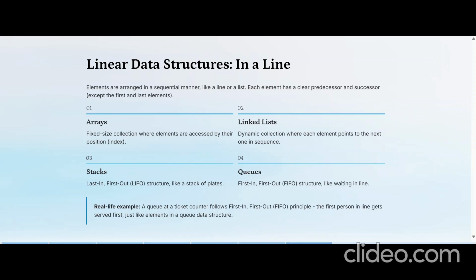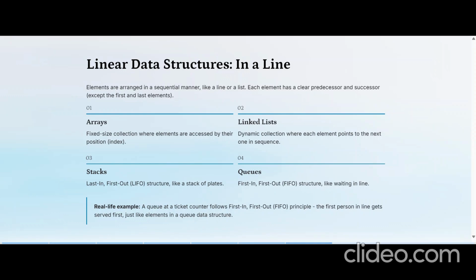We place the first plate, and when we place the second plate, it comes above the first plate. So in this way, the plates are arranged in last in first out fashion. The last plate we add will be removed first, and the first plate we added will be removed last. So in this way, the stack linear data structure works.